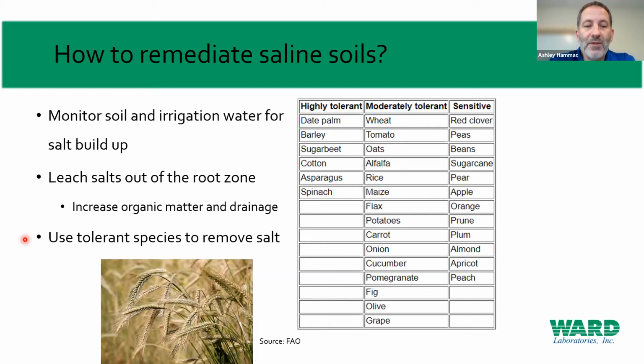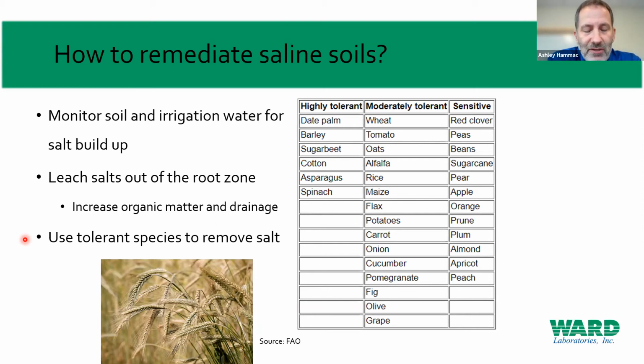You can leach the salts out of the root zone basically by applying more water than what the plant can take up, so that the excess water pushes the salts out the bottom. And a way to facilitate the leaching is to build organic matter. Building organic matter helps aggregation.